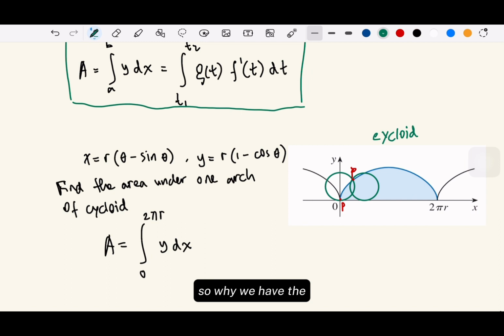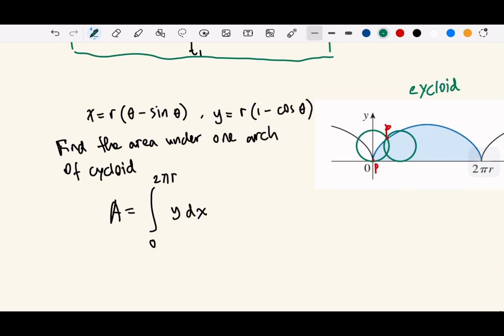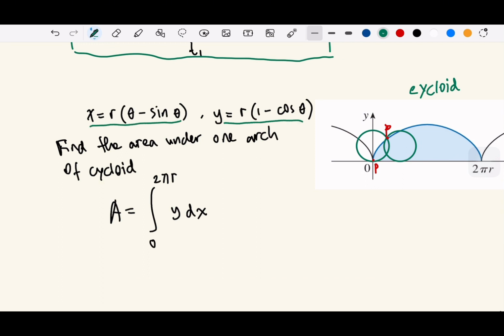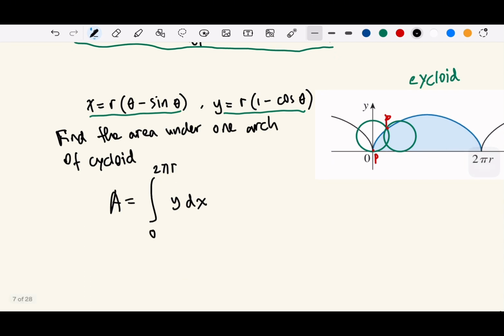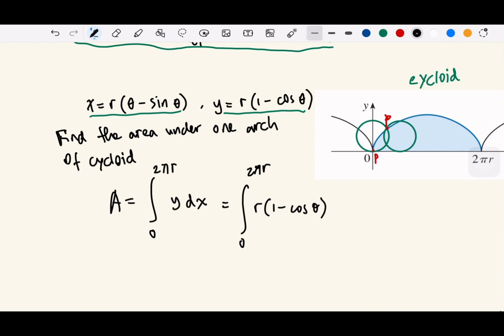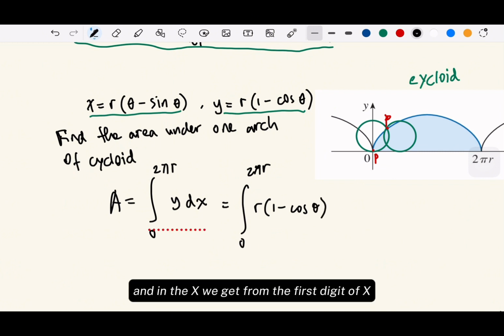So we already have the equations, right? So we could exchange that y to r(1 minus cosine theta), and then dx we get from the first derivative of x.